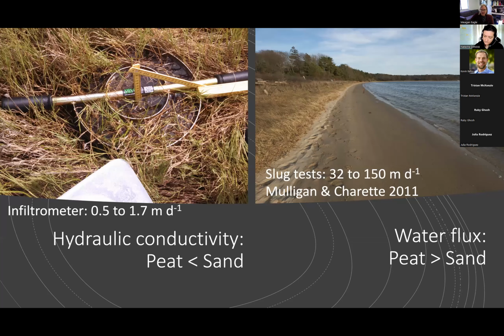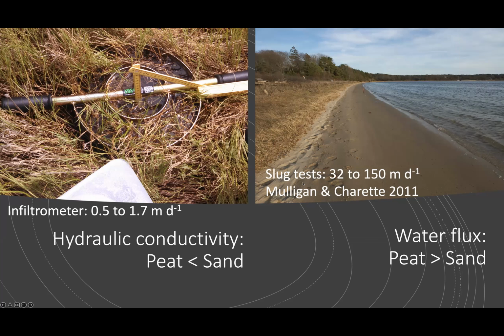And I want to just say that that is counterintuitive to some folks, because if you think about how water is moving through peat and sand, it definitely moves through sand a lot easier. At this site, like I said, we have a really deep knowledge of the hydrology as well as the geochemistry. The movement of water based on slug tests through the sand is 32 to 150 meters per day. Whereas an infiltrometer test, which isn't exactly apples to apples, but is a measure that we can compare, is much lower than that, a half to 1.7 meters per day.